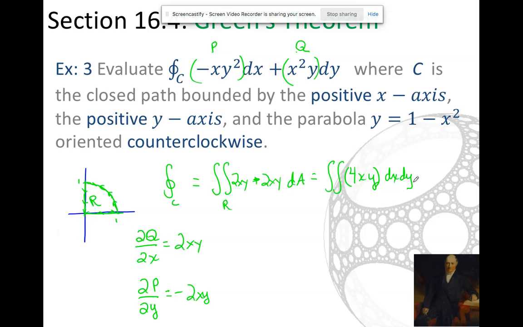If I have dx dy, what kind of strips is that? That would be horizontal strips, right? Not terrible, but since I already have my function y in terms of x squared, maybe I'll go ahead and switch this around and do dy dx. And then those are my strips through my area.